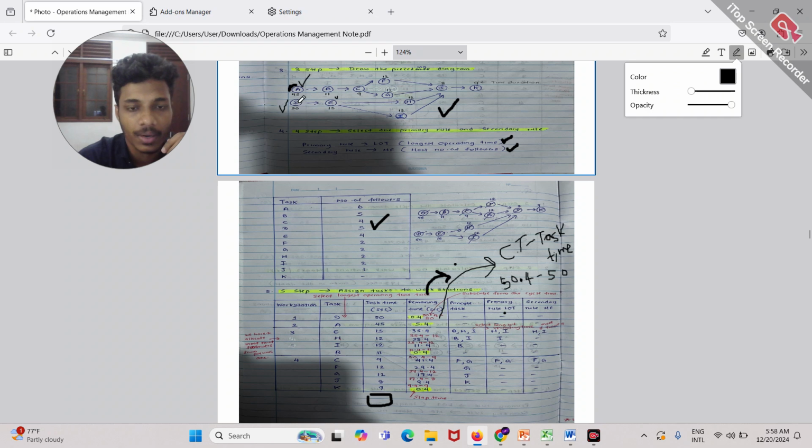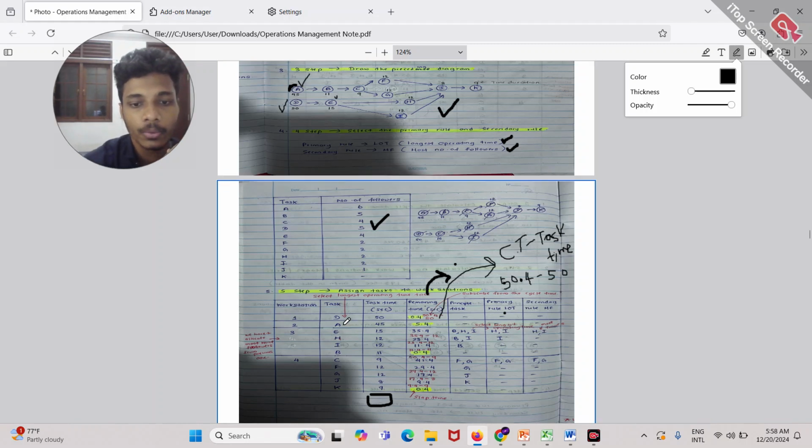So what is the longest one? 45, right? Then the 15. E, here you can see 15 is the task time of E, right? But when we consider A as an individual task, its operating time is 45, right? So therefore I put 45 here, right?